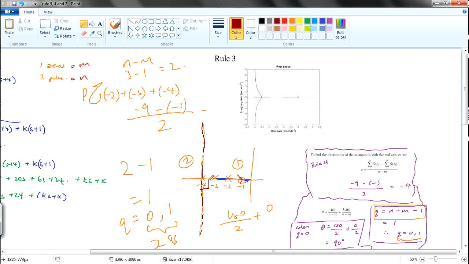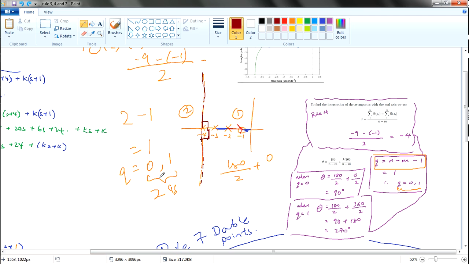So there are 90 degrees in this case. If it's 3 asymptotes, it should be in this manner, and then they have one like this over here. I may not explain this properly.